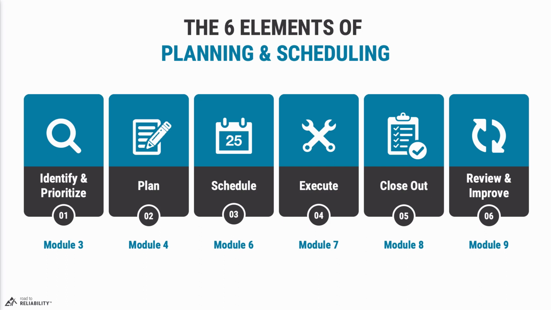Scheduling is discussed in Module 6, and in Module 7 we'll tackle the execution of work, and it's a relatively short module. Module 8 focuses on the closeout of work, and we'll discuss how we review and improve performance in Module 9. Now, before we do that, I want to have a closer look at each of these 6 steps in the remainder of this lesson, so you truly understand what these 6 basic elements aim to achieve.